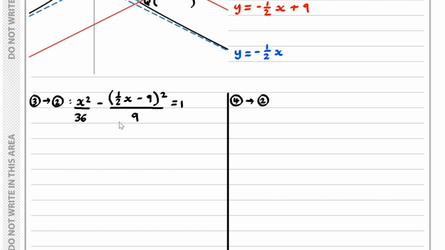This is equal to 1. So we have x squared over 36 minus 1/4 x squared minus 9x plus 81, divided by 9, equals 1.